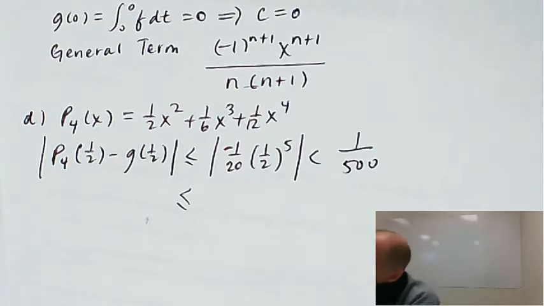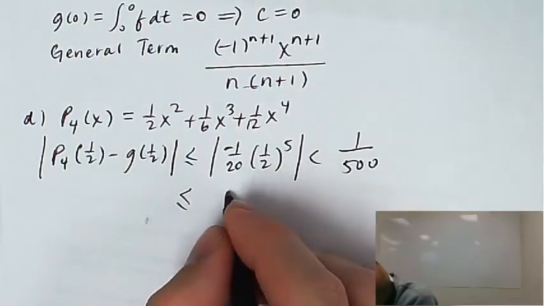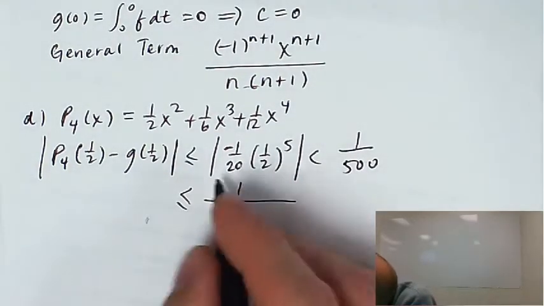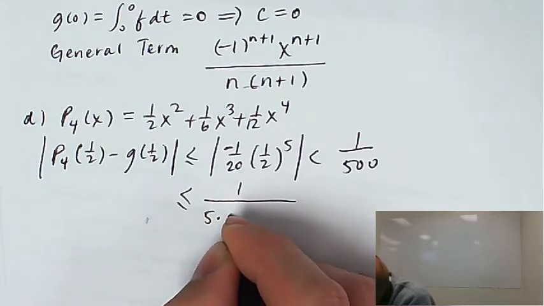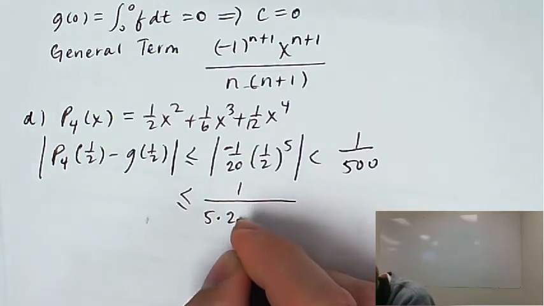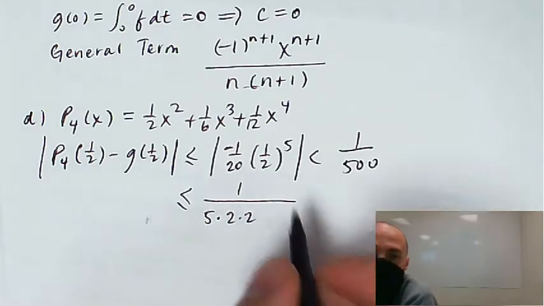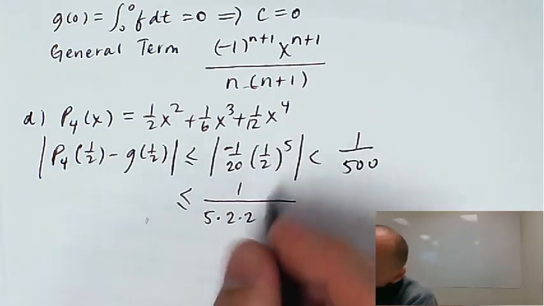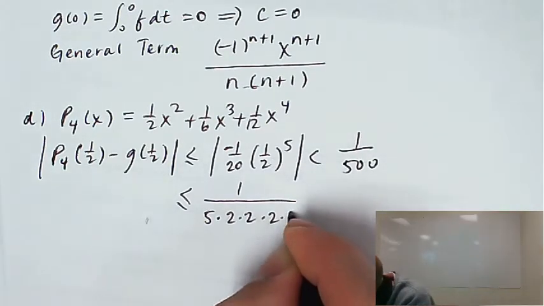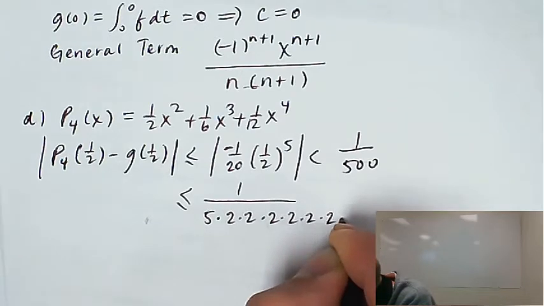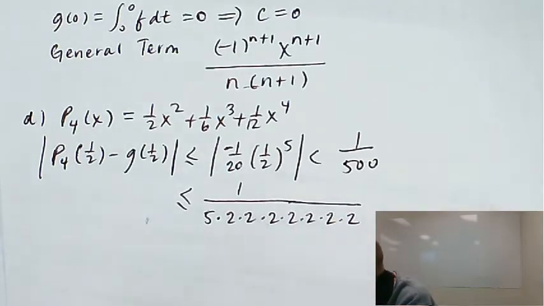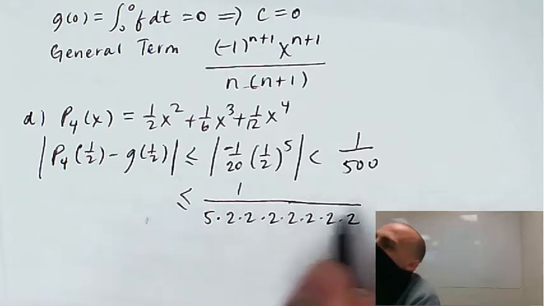On an arithmetic level, this is 1 over 20. I'm going to write that as 5 times 2 times 2. And then I'm going to plug in 5 more powers of 2. And you might be like, I don't know how to do that.